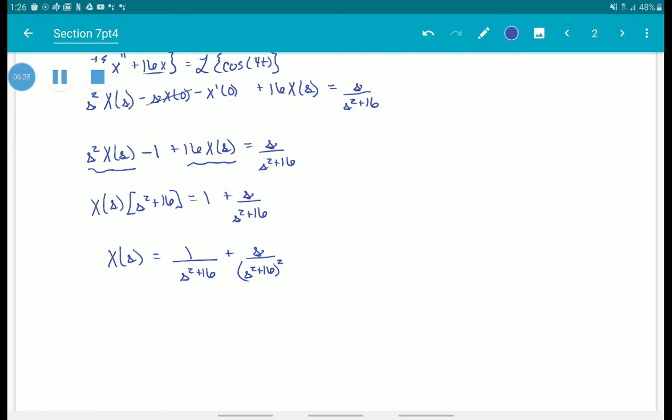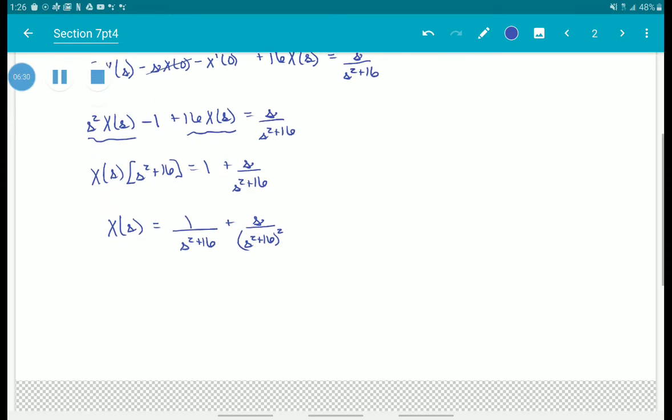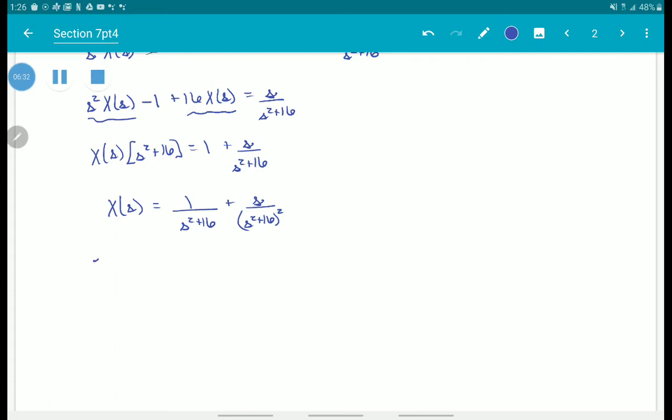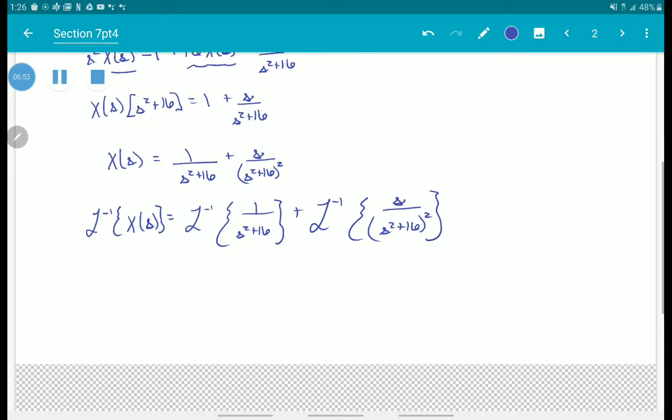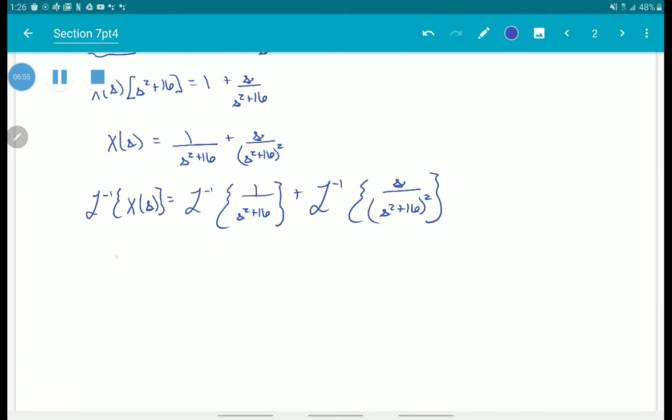So now we're at the point where we want to take the inverse Laplace. So that left-hand side is just going to be x of t.